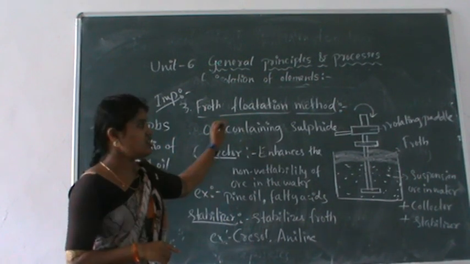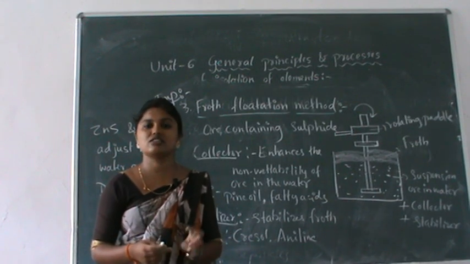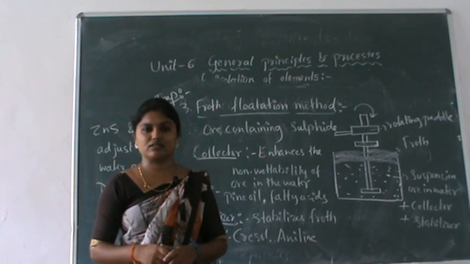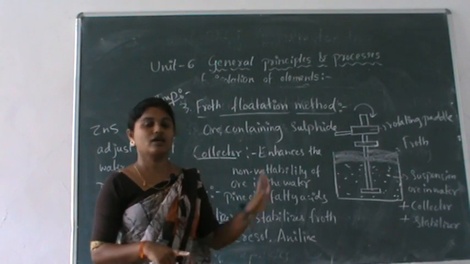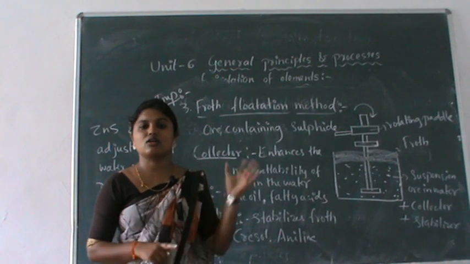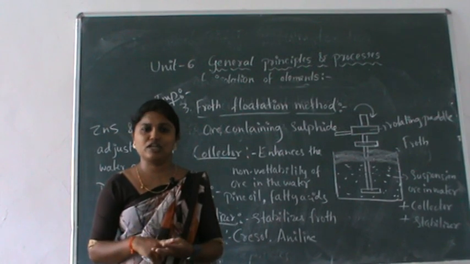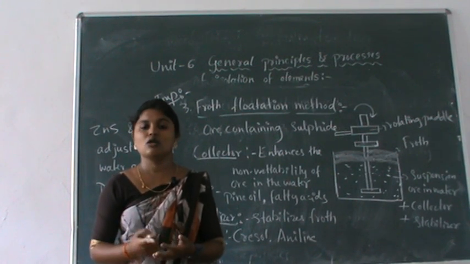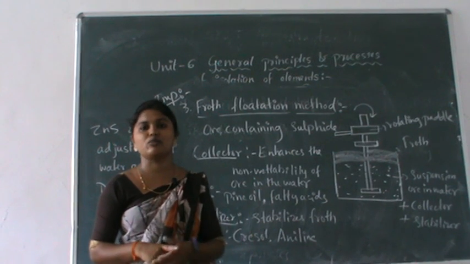In the concentration of ore, I have discussed three important methods, that is hydraulic washing, magnetic separation, and last one is froth flotation method. The questions are what is the principal ore of aluminum? Give its composition. What is the principal ore of iron? Give its composition. I think good question.